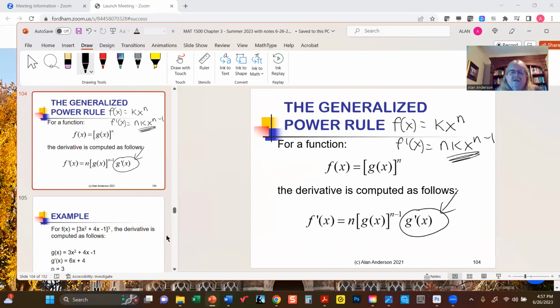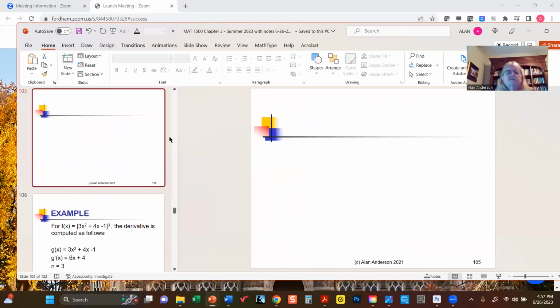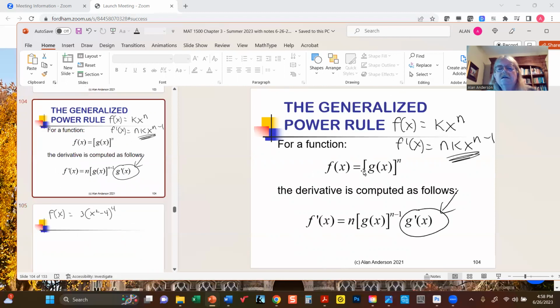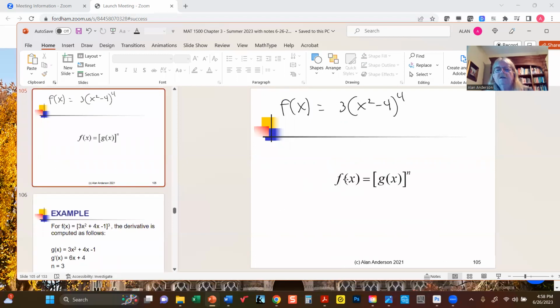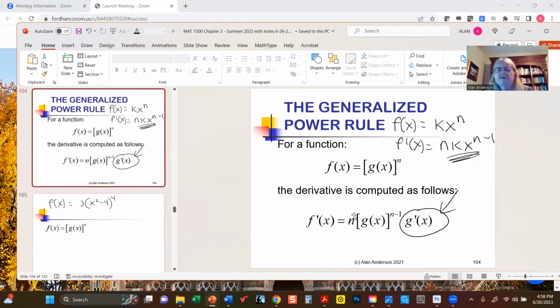All right, so let's think of an example for that. So imagine that f of x is... we're going to put it into this form. And then also, just as a quick reminder, this is the derivative.